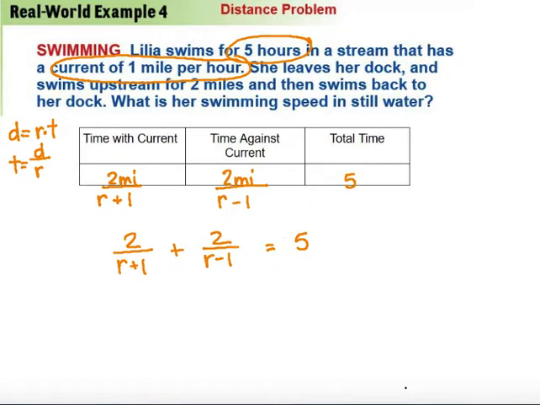So if I look at this, I need an LCD, and my LCD is going to be r plus 1 times r minus 1. So just as I've done in previous problems, I'm going to multiply both sides of my equation by the LCD.